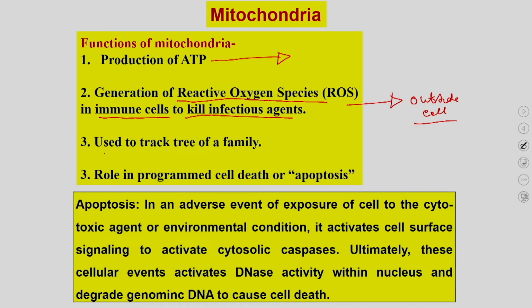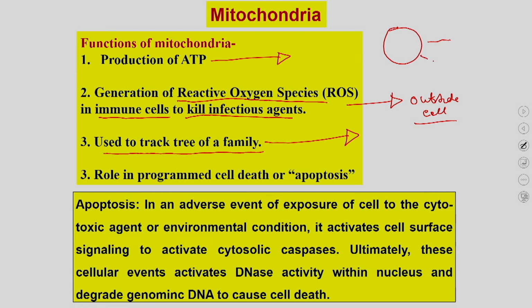Similarly, the mitochondria is the only organelle which is used to track the family tree of any human or any animal. Why is it so? Because the mitochondria is the only organelle which remains within the ovum. During fertilization you have the ovum and the sperm.